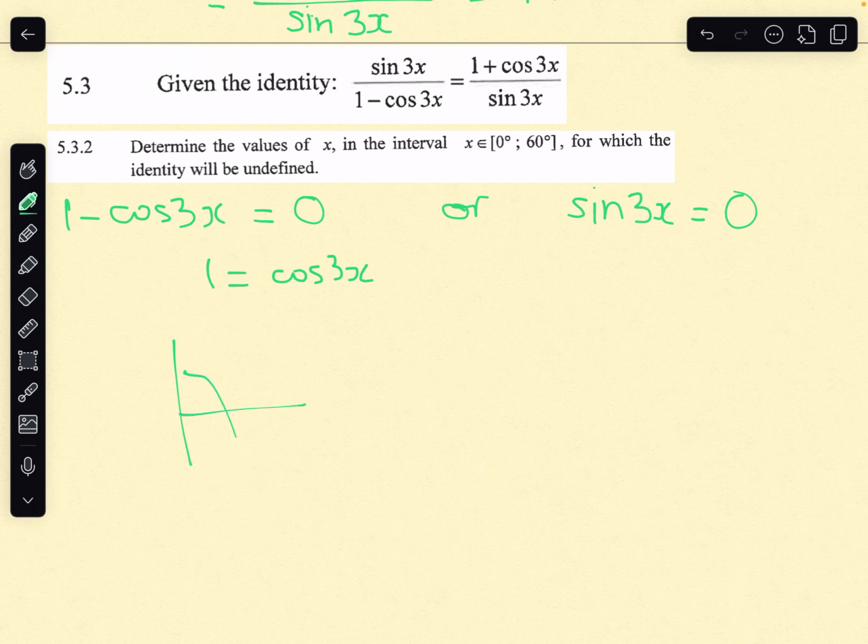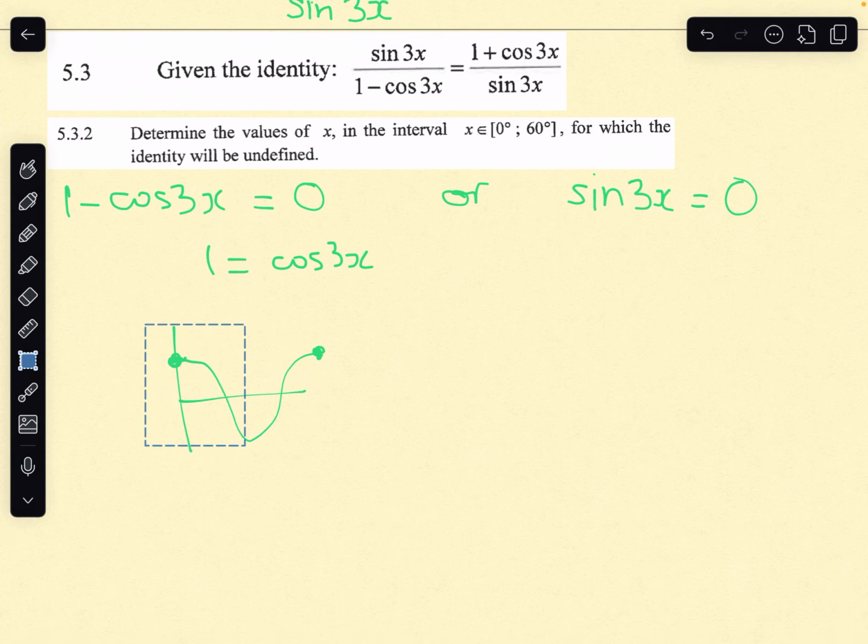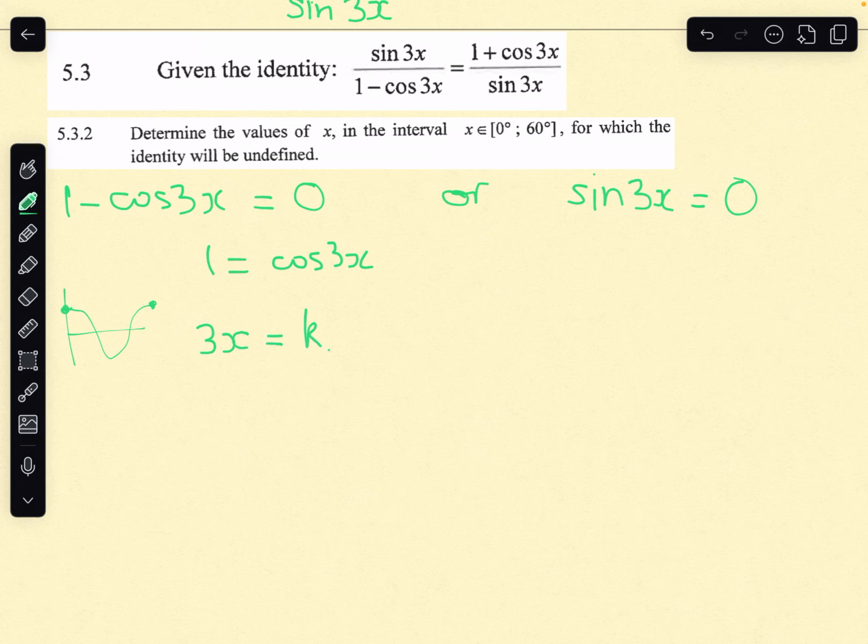So it's going to be over here that we're equal to 1, and then again a period later at 360. So that means 3x is equal to any multiple of 360, right? Because it's 0, 360, 720, and so on, negative 360, and so on. So then we can divide both sides by 3. So that becomes x is equal to k times 120.